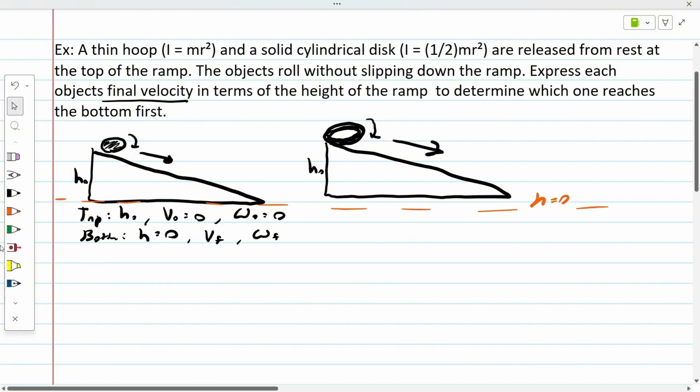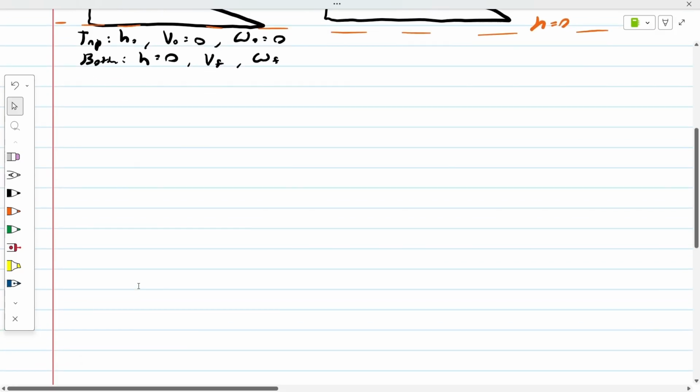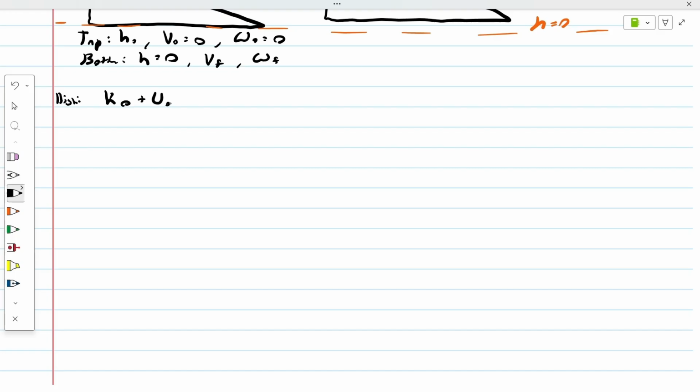So let's start with the cylindrical disk. We know that we're going to have some kinetic energy initial, and this would be the disk. So we're going to have kinetic energy initial plus the potential energy initial, and this is for gravity, equals the kinetic energy final plus the gravitational final, right?